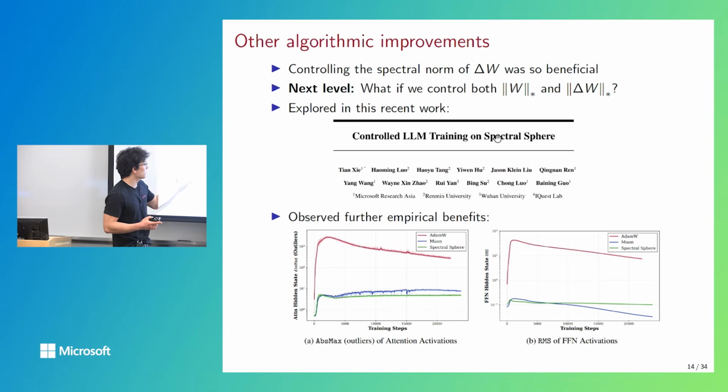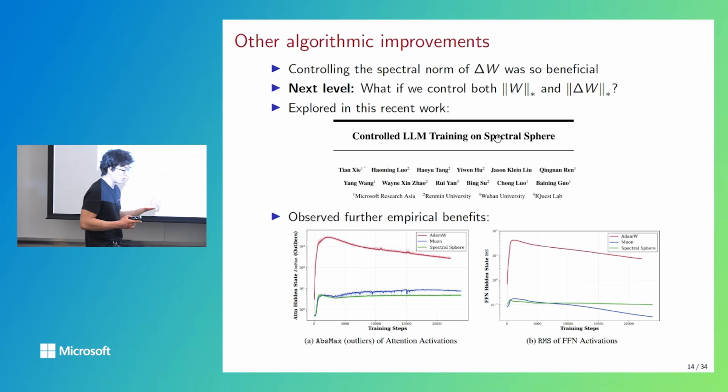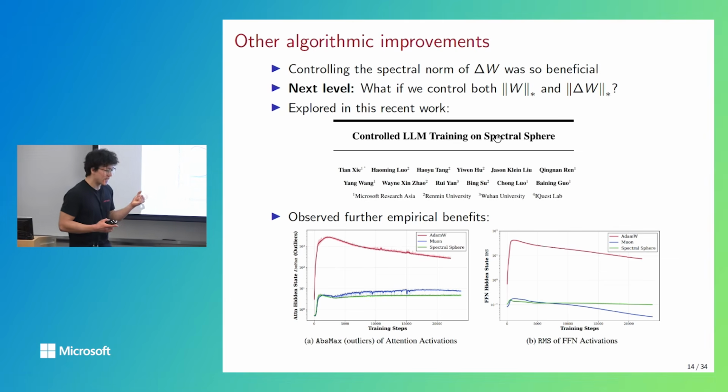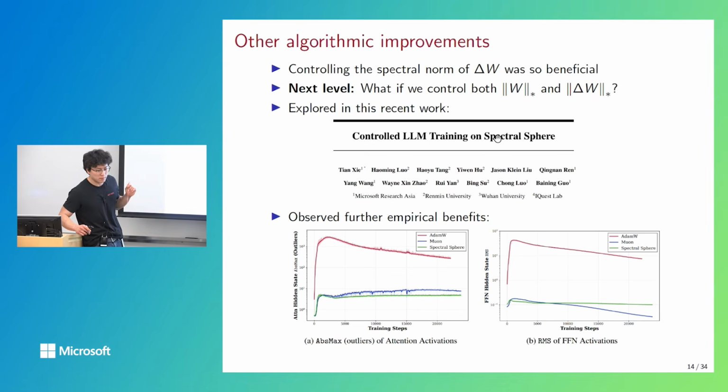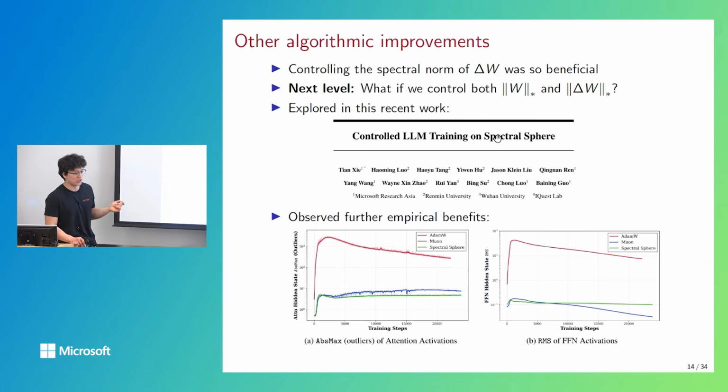You see that compared to the AdamW Mu1 baseline, the Spectrosphere, which is explicitly controlling the spectral norm of each update and each weight as well, is giving you very stable dynamics, which could be potentially very helpful for very large-scale runs or even for low-precision training.